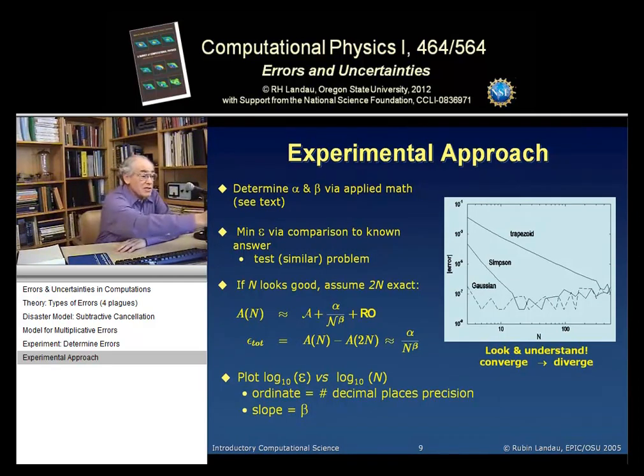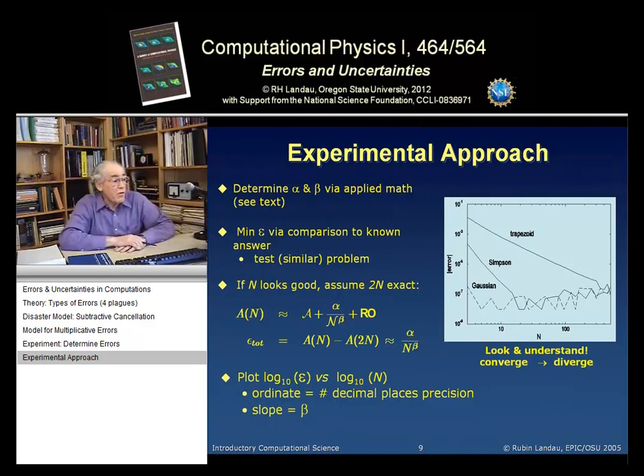And what's interesting is you see, the algorithm always does converge. It starts getting better and better. But then at some point it runs into this sort of rocky shelf. Well, that rocky shelf is noise. It's the round-off error accumulating. And our model says it roughly increases like the square root of n. Square root of n is a slow increase, and that's what we see here.